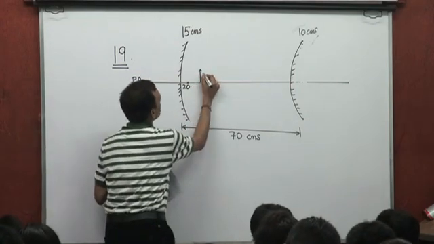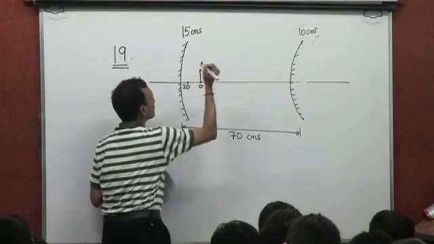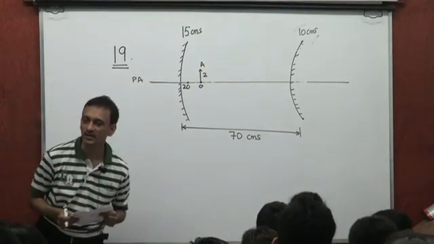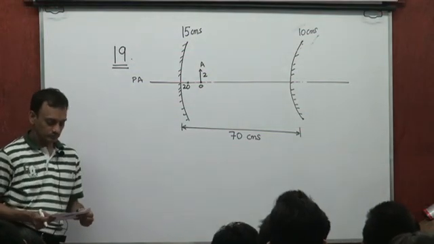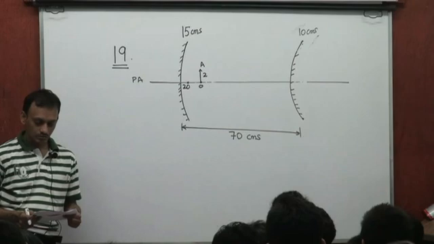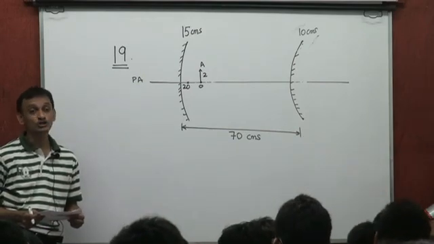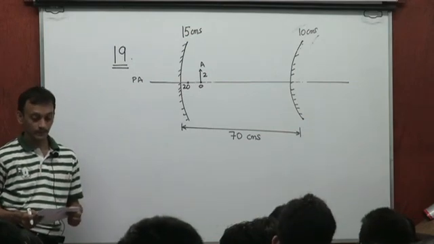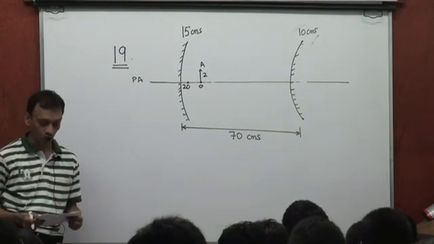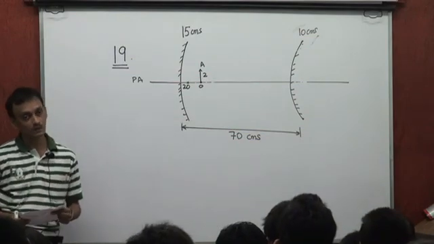You have a 2 centimeter object, OA, placed in front of the concave mirror. Find the position, size and nature of the final image formed by two reflections, the first one occurring at the concave mirror and then at the convex mirror.